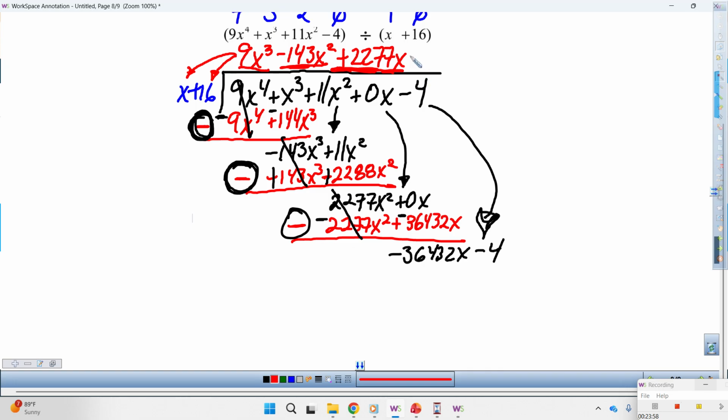So, what's our last number? What times x gives us negative 36,432x? Negative 36,432. So that gives us negative 36,432x. And negative 36,432 times 16, that gives us a negative.